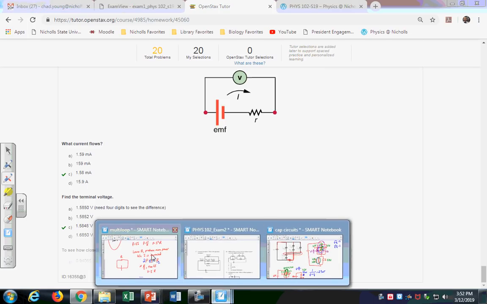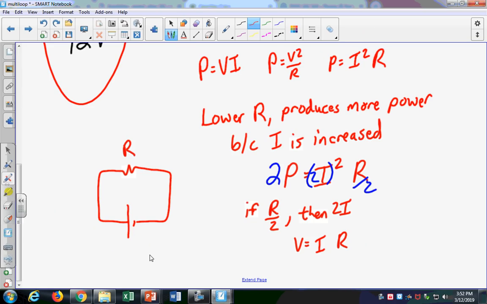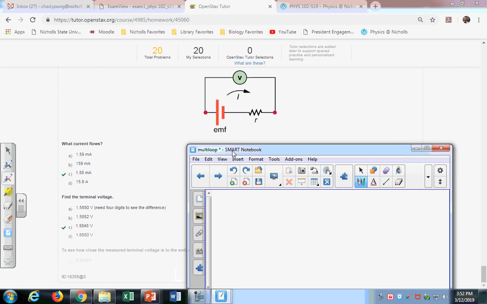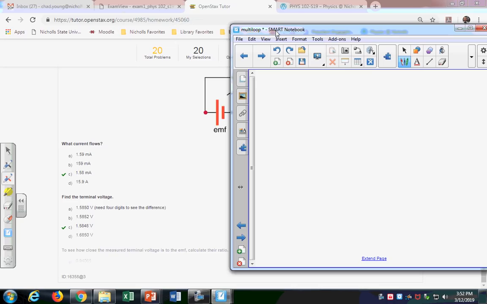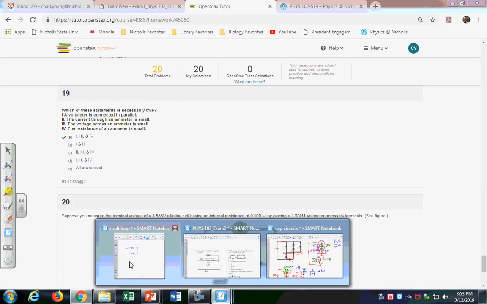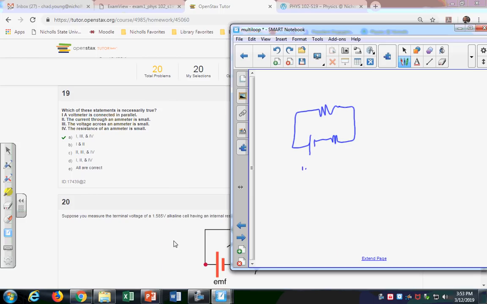It's a good question in the sense that it deals with EMF and internal resistance. I don't know why people got tripped up on it, but I have a battery with a certain EMF. I have a voltmeter, and then I have an internal resistance. I'm told that I have 1.585 volts.